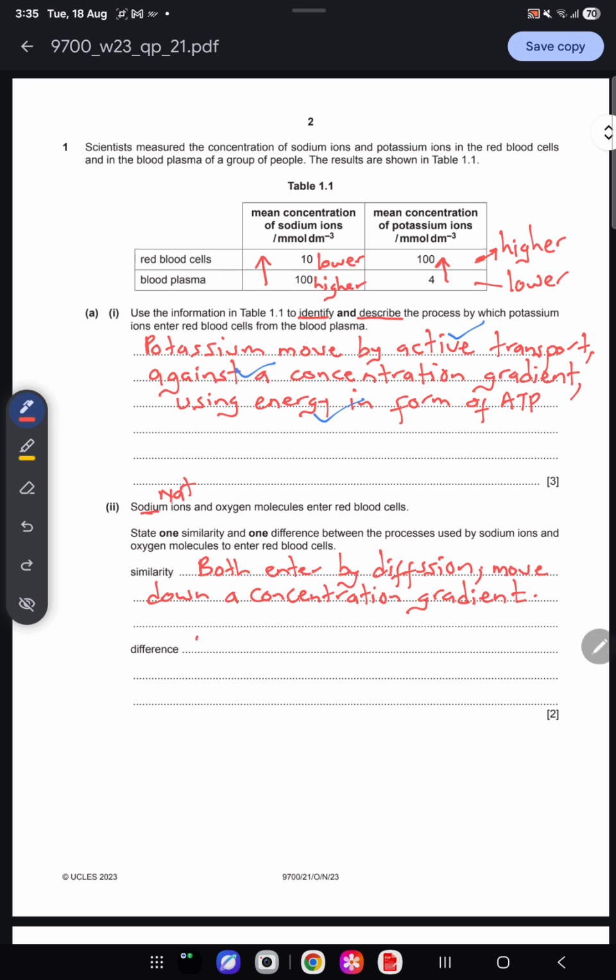We can mention that sodium ions use transport proteins.